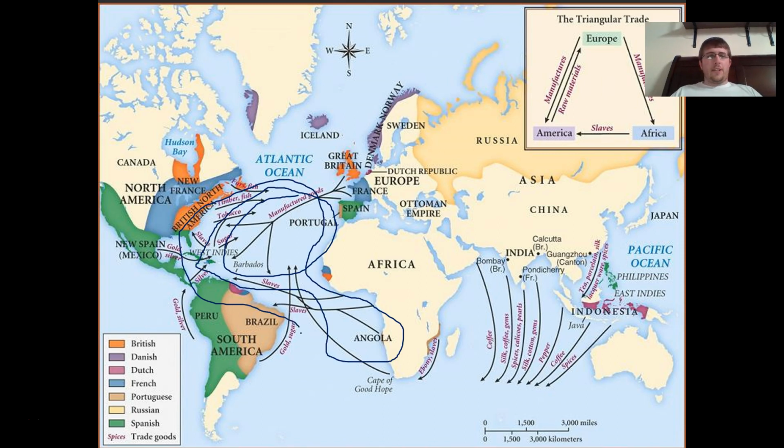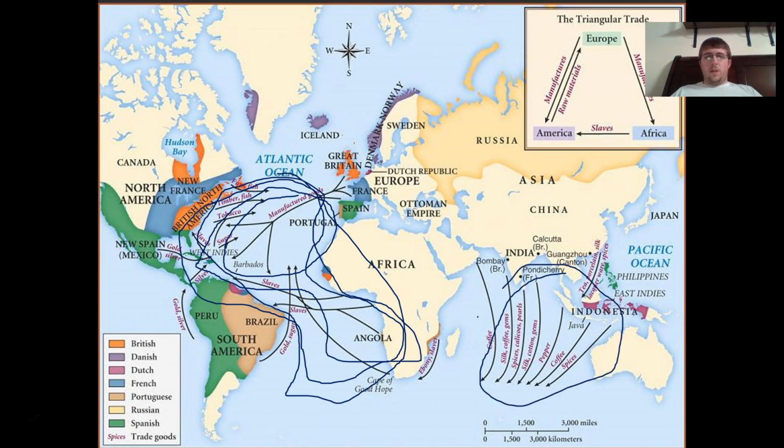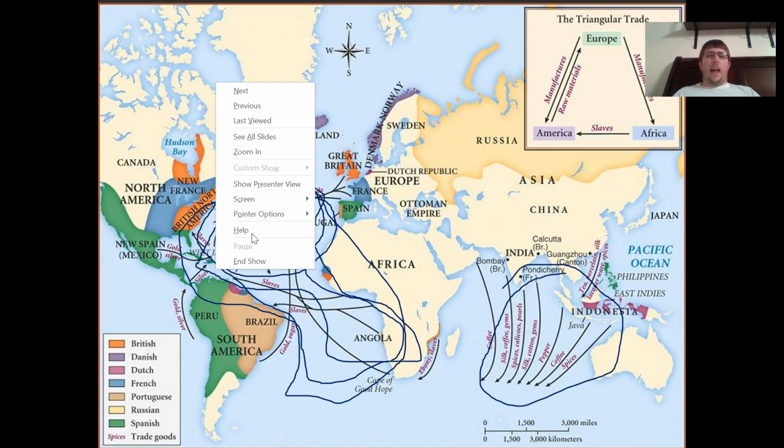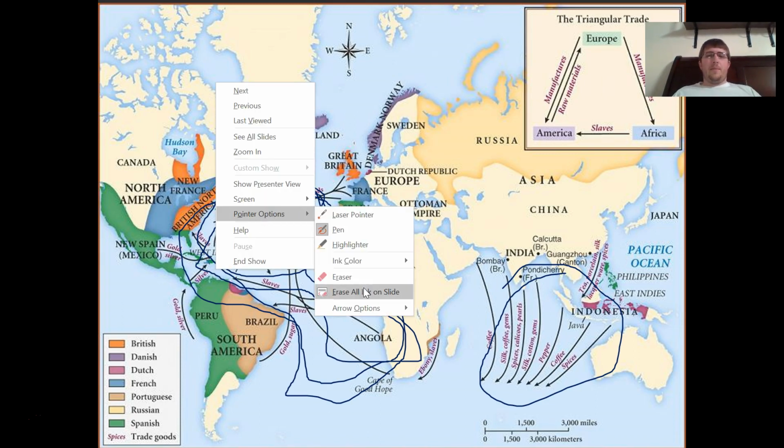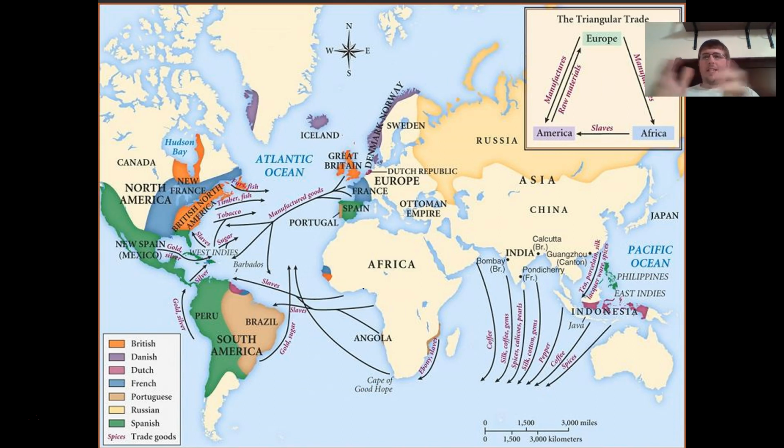All these trade routes. It's not like you have one road per country. These trade routes are being used by multiple countries. So what's going to happen when those routes come into conflict with one another?